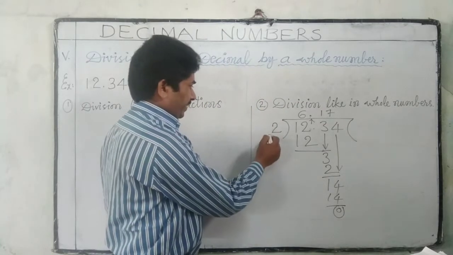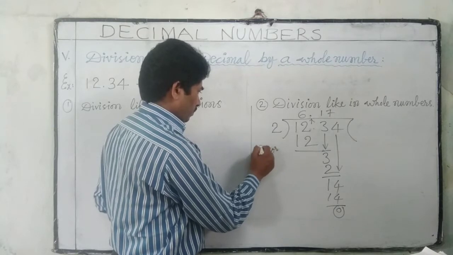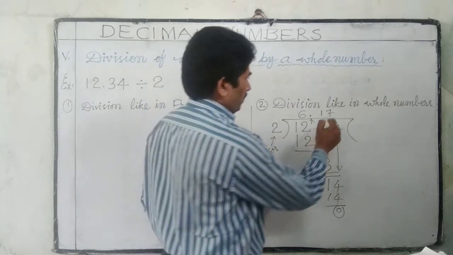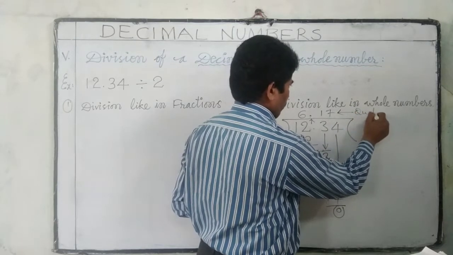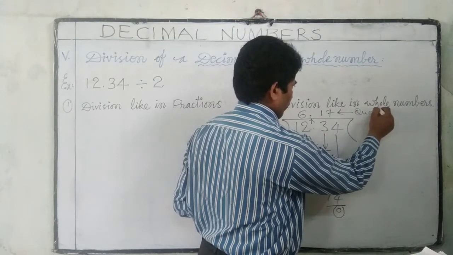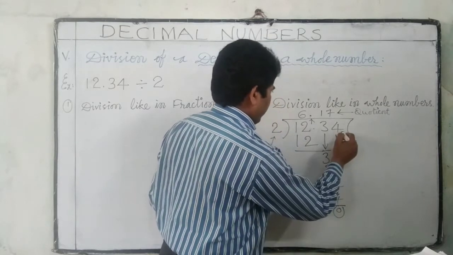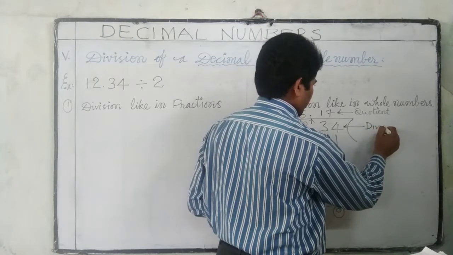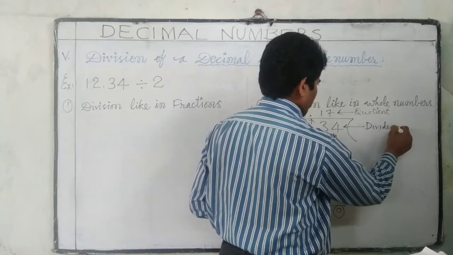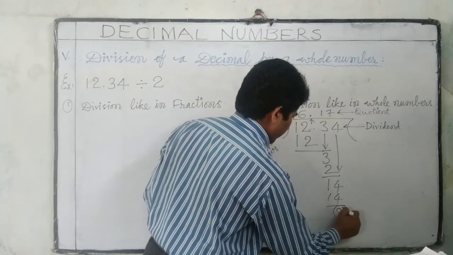So this is the divisor, this is the quotient, this is the dividend, and this is the remainder.